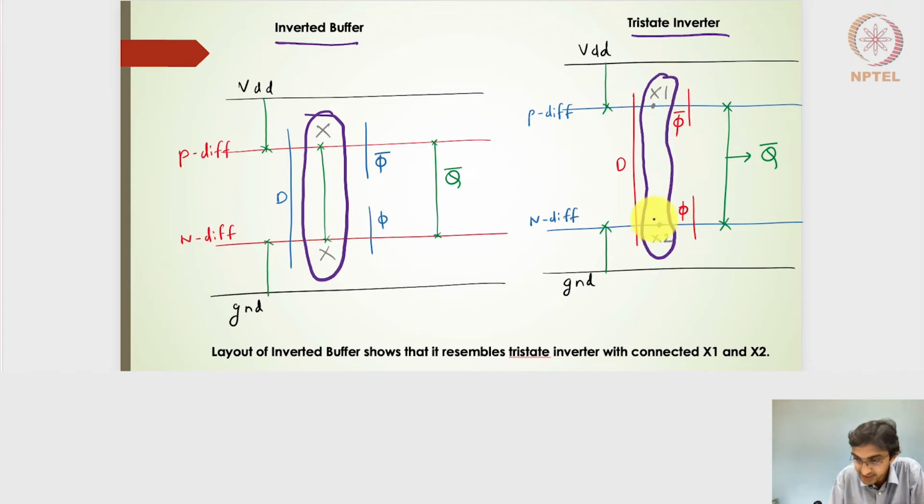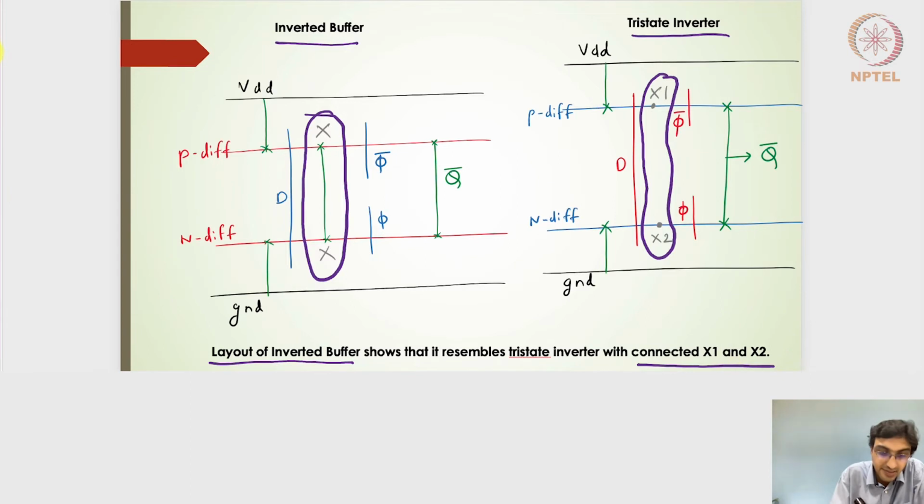If I draw the stick diagram of a tri-state inverter and then connect these nodes, or the diffusion points, with a metal line, then I actually get the inverted buffer design. So the layout of the inverted buffer resembles very closely that of the tri-state inverter with the connected X1 and X2 line.